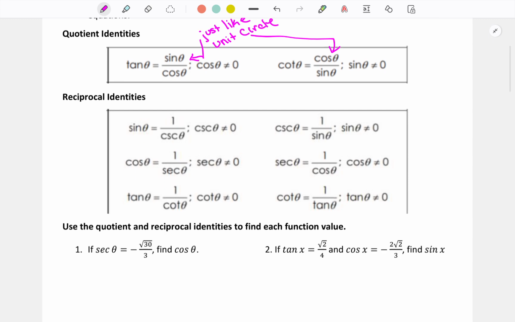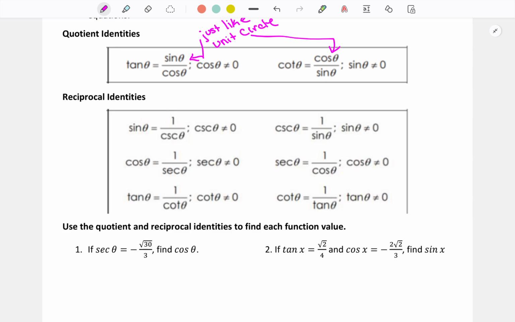So then you have the reciprocal identities. We have talked about this before, and this has a lot to do with what functions are friends with other functions. So sine can be expressed as 1 over cosecant as long as cosecant doesn't equal 0. Cosine can be expressed as 1 over secant, and tangent can be expressed as 1 over cotangent. Cosecant can be 1 over sine. You have seen these three before.